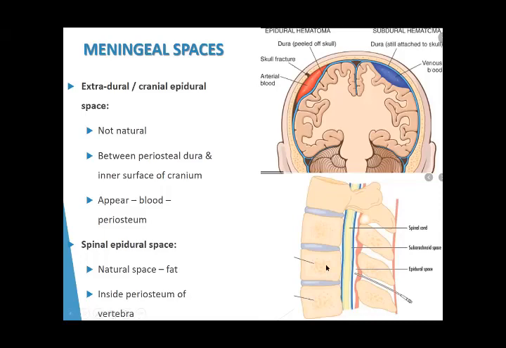Spinal extradural space भी है, but spinal cord को surround करता है, आपको पता है वहाँ पे periosteal dura नहीं होता, वहाँ सिर्फ meningeal dura होता है. So extradural space is between the periosteum of the vertebrae and the meningeal layer of dura. Normally this space exists and it is full of fat.